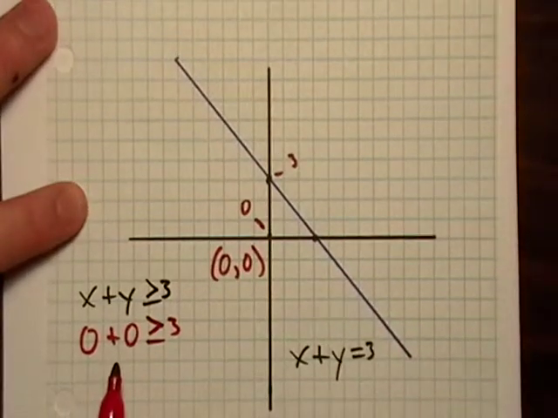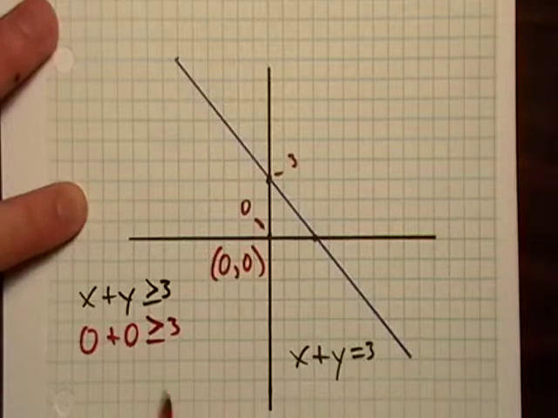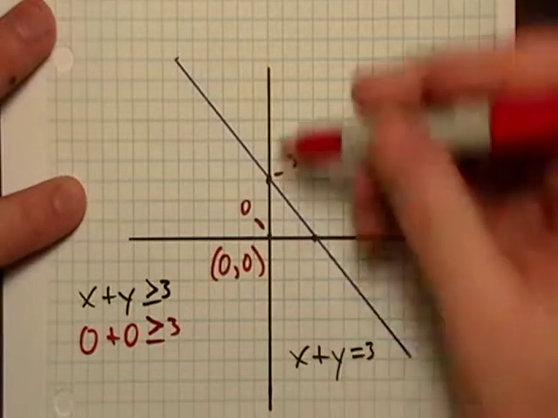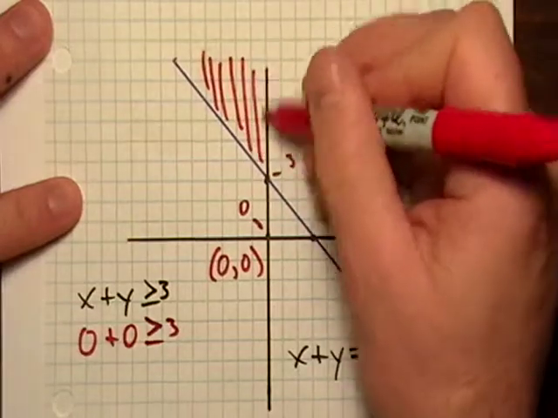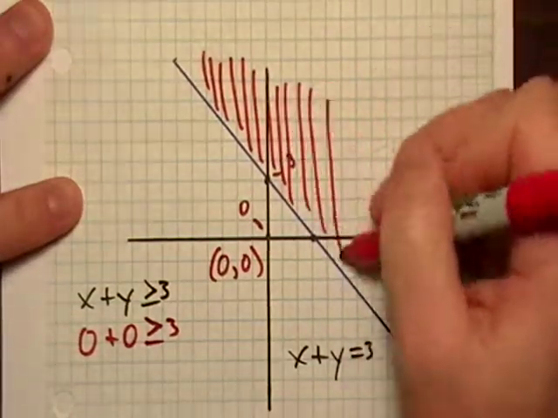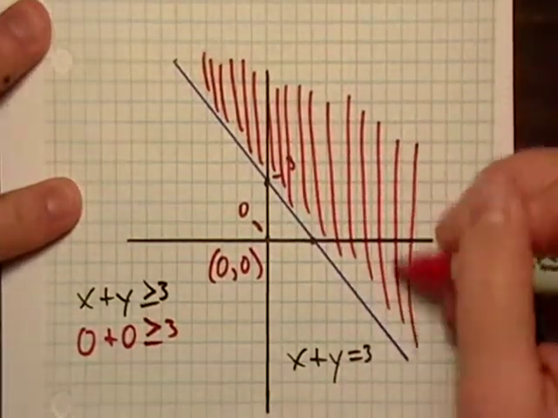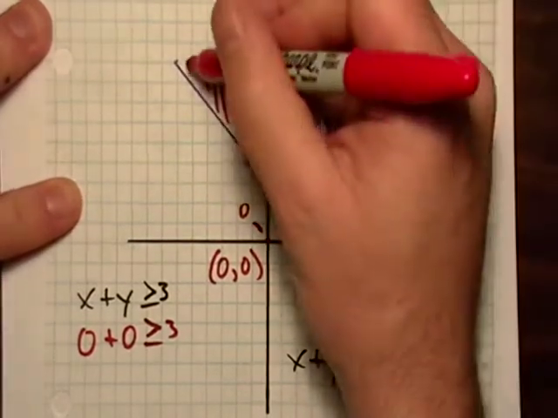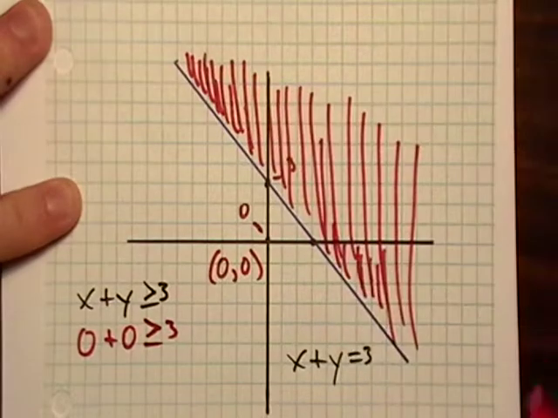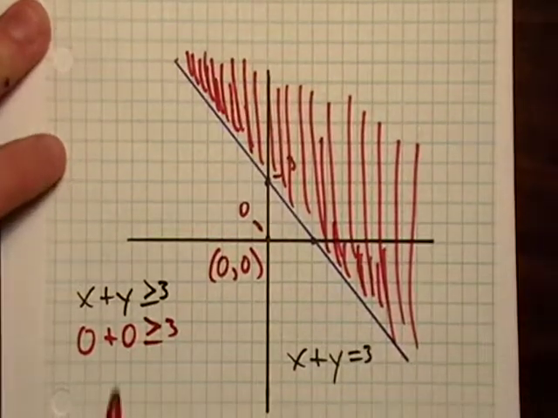Well, 0 is certainly not greater than or equal to 3. So it looks like we'll end up shading this side of the graph. And that's just me shading in the graph.